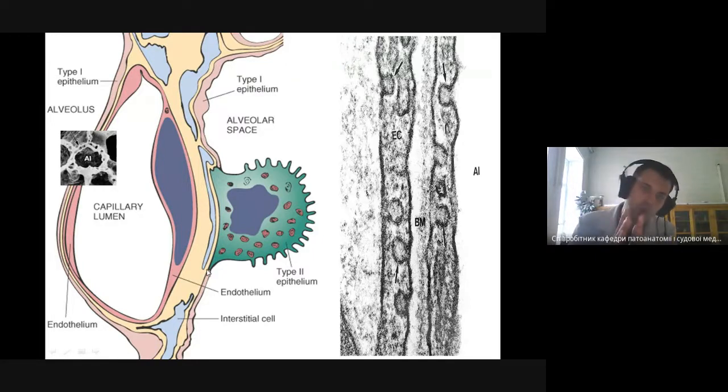So just one basal membrane and 2 layers of cells. Endothelial cells, pneumocytes, that's it. With electron microscopy, it's not that clear, but the same. One layer of cells, another one, and their basal membrane between.